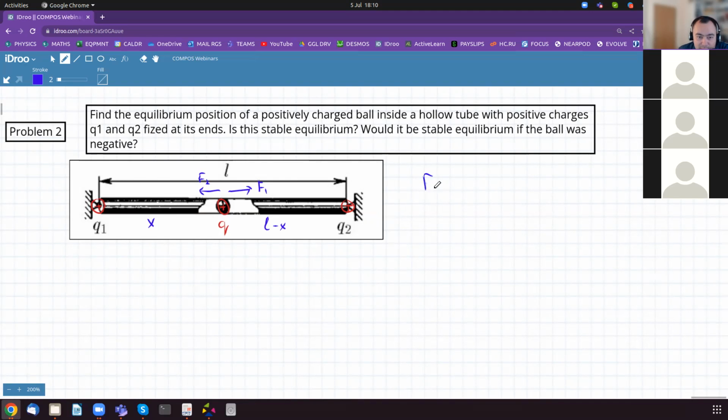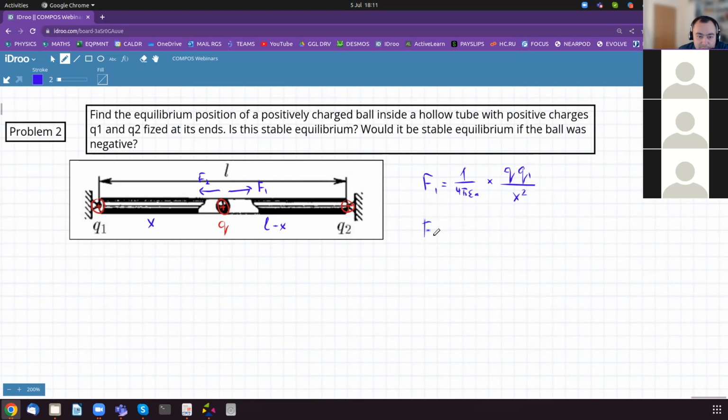F1 is going to be 1 over 4 pi epsilon 0 multiplied by Q, Q1 divided by the distance squared, x squared.